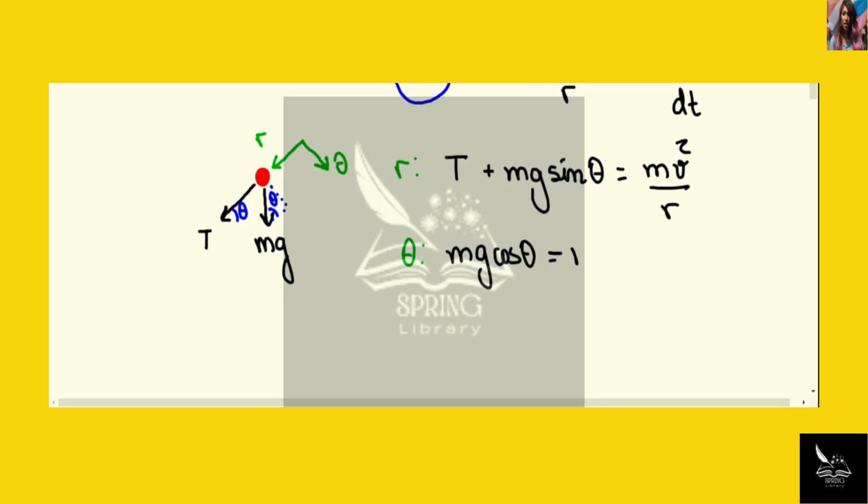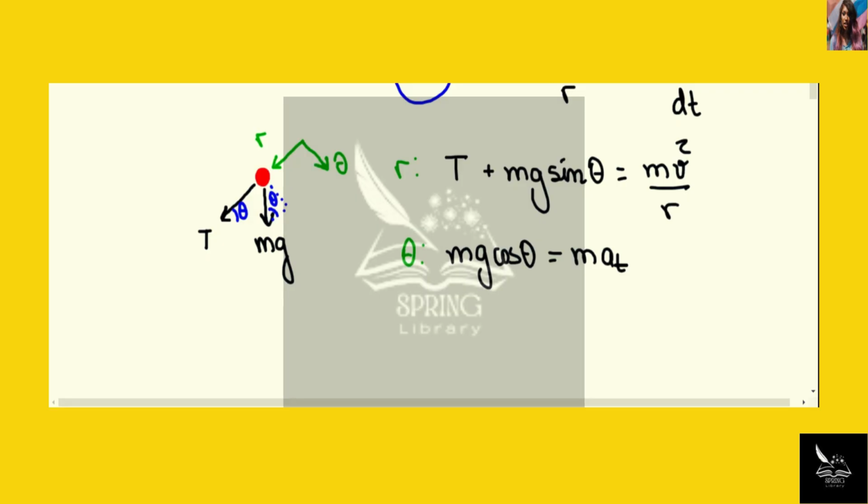So in the r direction, we have T plus mg sine theta, and this is equal to m times the centripetal acceleration, that's v squared over r, as I said before. And in the theta direction, we have just mg cosine theta, and this is equal to m times the tangential acceleration.